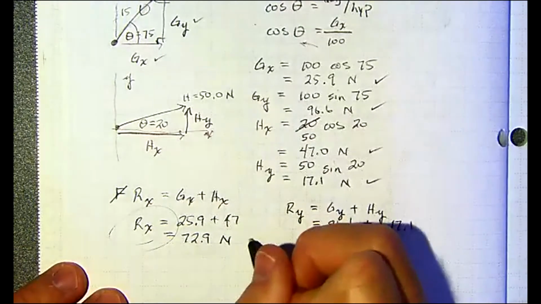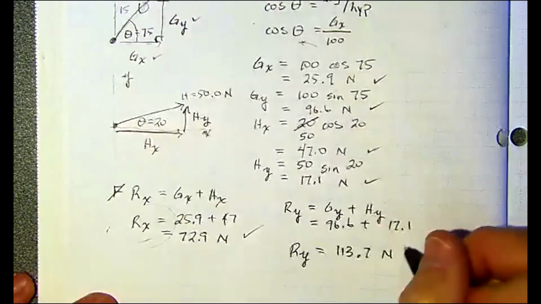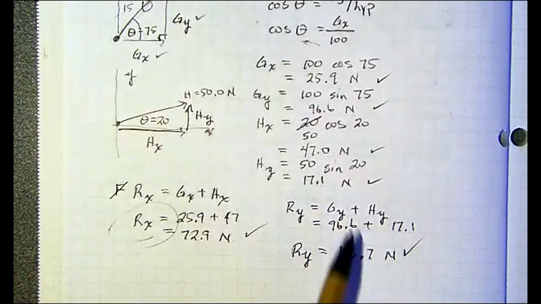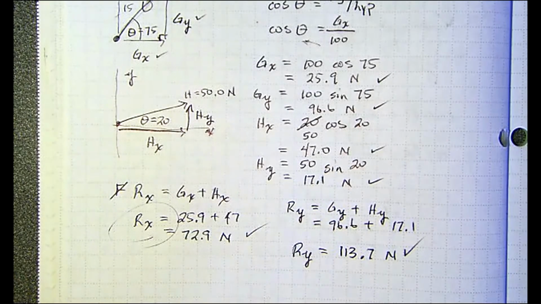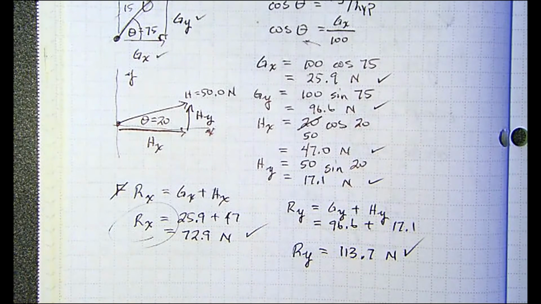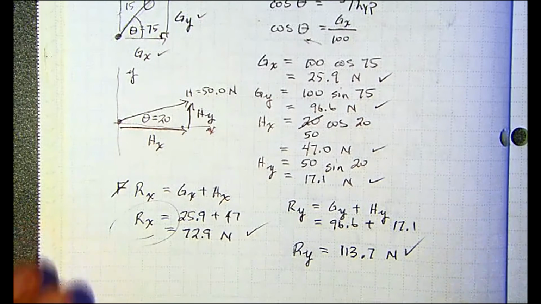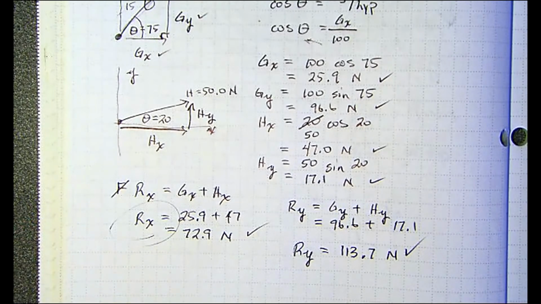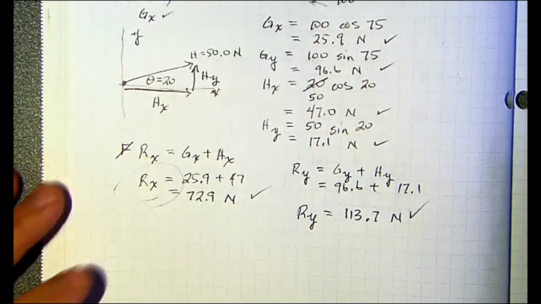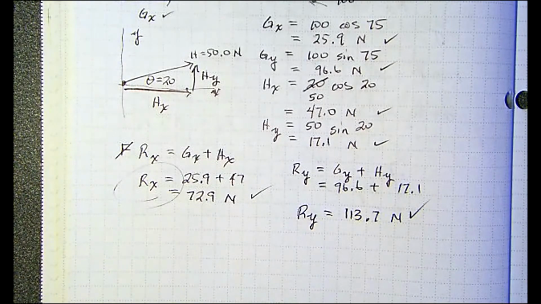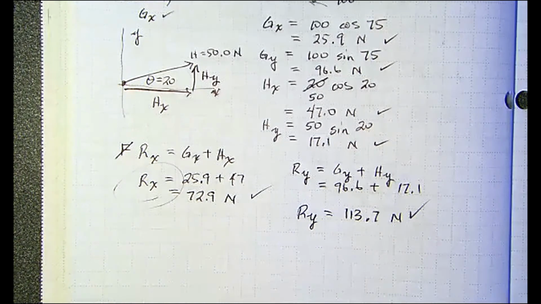Look at that. I got an R sub X and an R sub Y. I already had a G sub X, G sub Y, H sub X, H sub Y, R sub X, and R sub Y. But that's not it. There's still more, because R sub X and R sub Y are components of the resultant force.